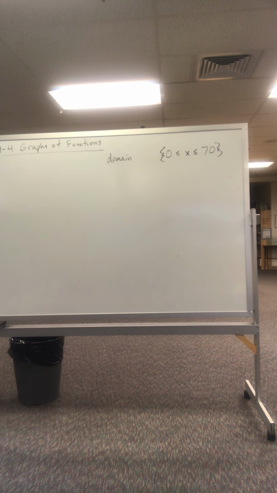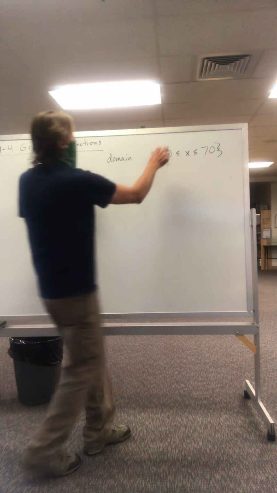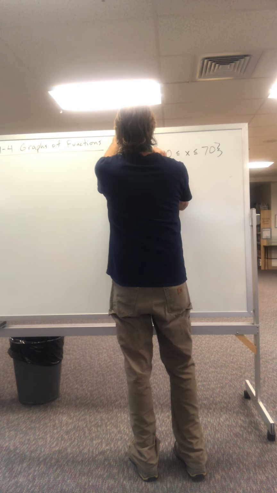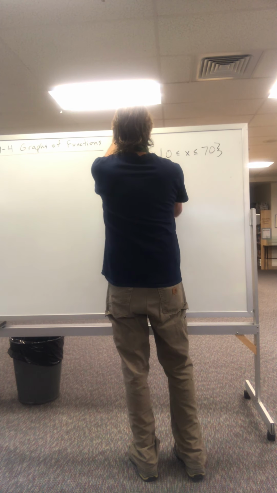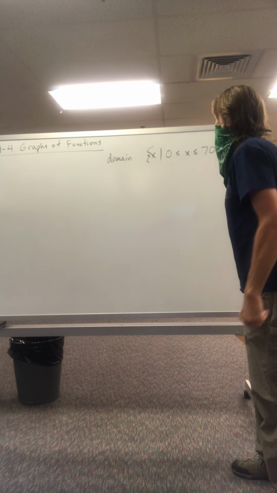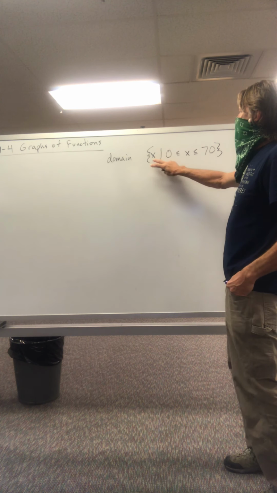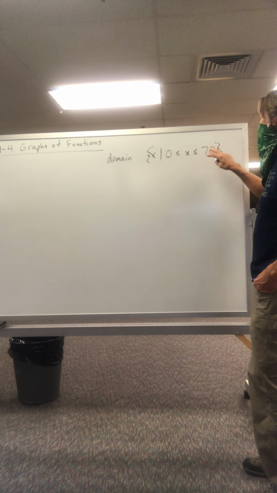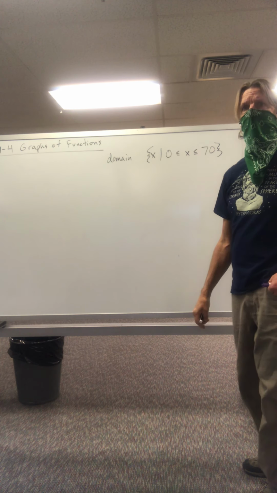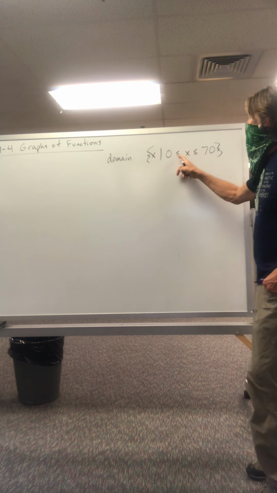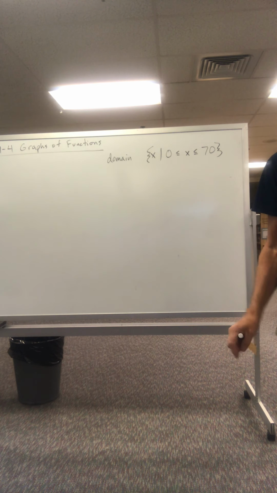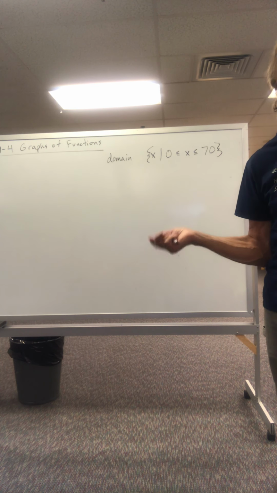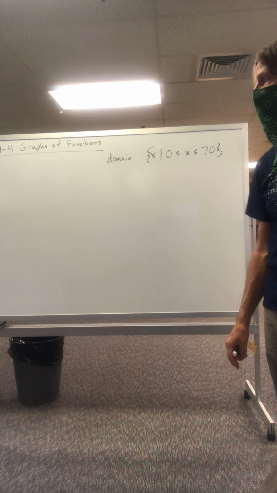I think it's not going to have a colon. And actually this is going to be placed out front. So here's what we say. We say the domain of the function involves the variable x, where x is from 0 to 70, includes 0 and includes 70. So you put whatever inequalities you need in there. If it doesn't include 0 in a different function, then you would use a different inequality symbol, of course.